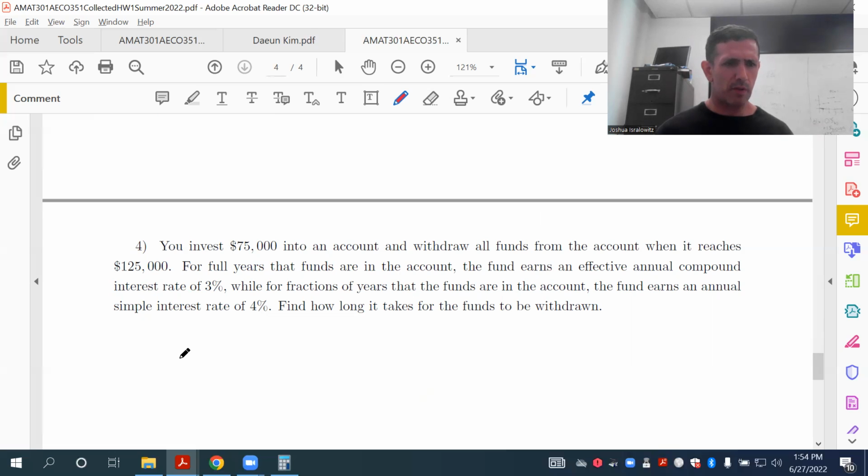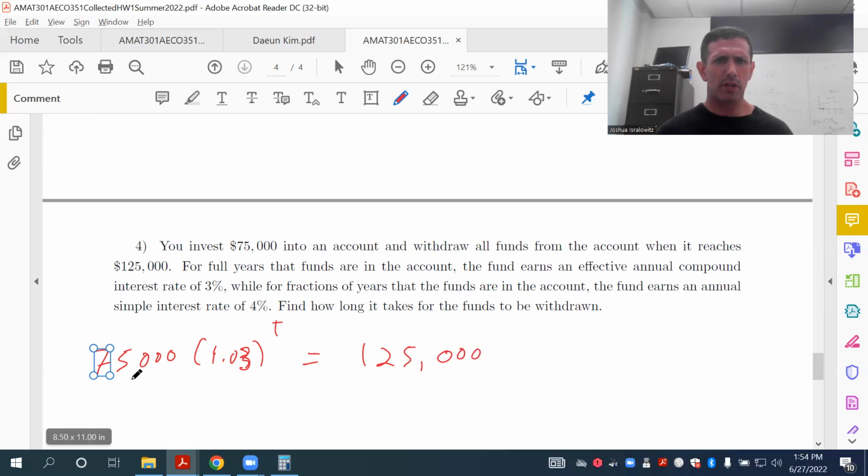So, doing this just like we did in the lecture example: 75,000 earns 3% effective annual interest. So we basically just solve for t, the number of years that 75,000 sits in the account, and then we're going to round down.